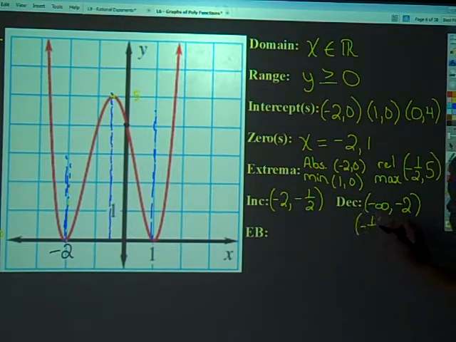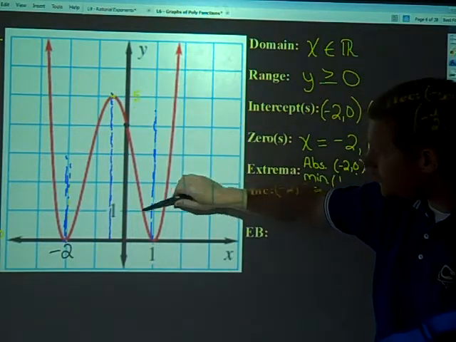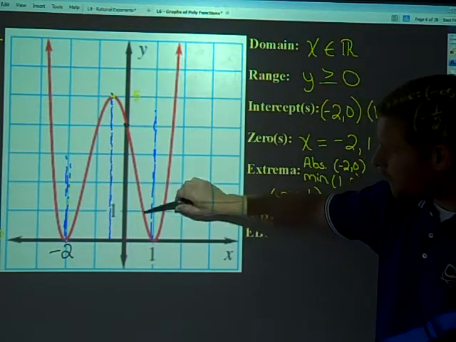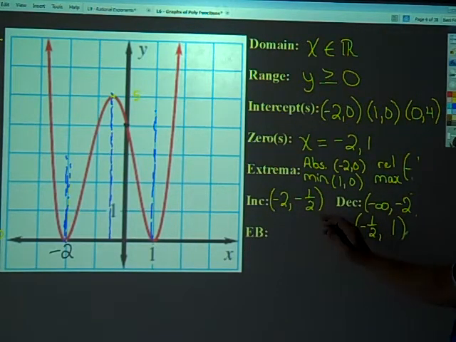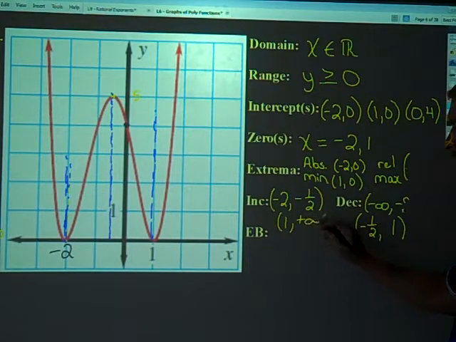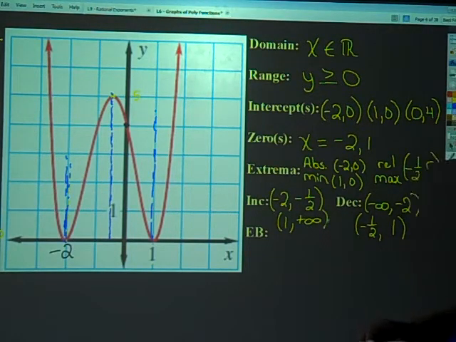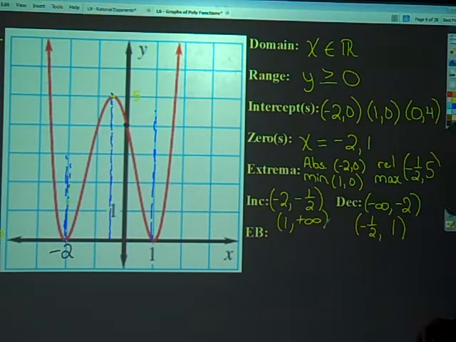At negative 1/2, I change direction again and begin decreasing until I get to this point at 1 where I start increasing again. And then from 1 all the way to positive infinity, I am increasing. So here we can see our intervals of increase and decrease.